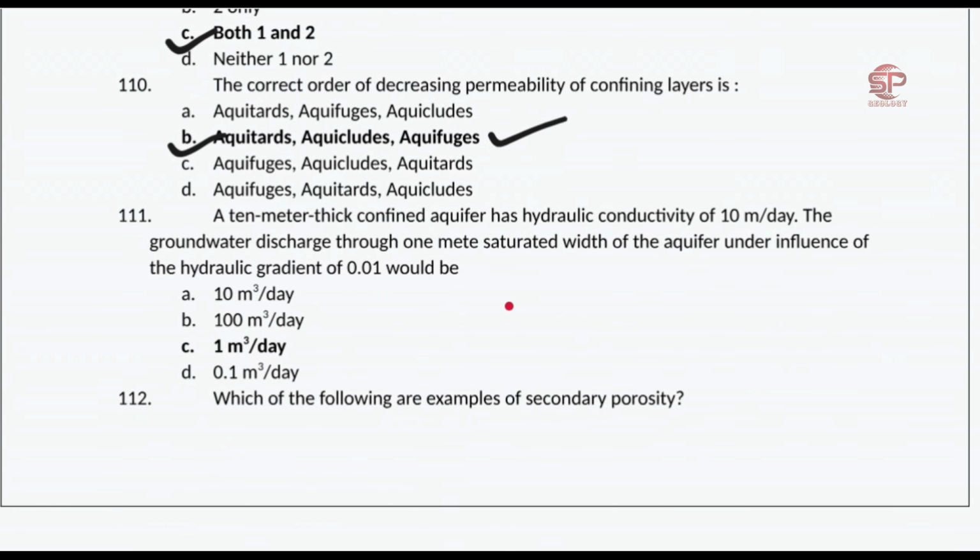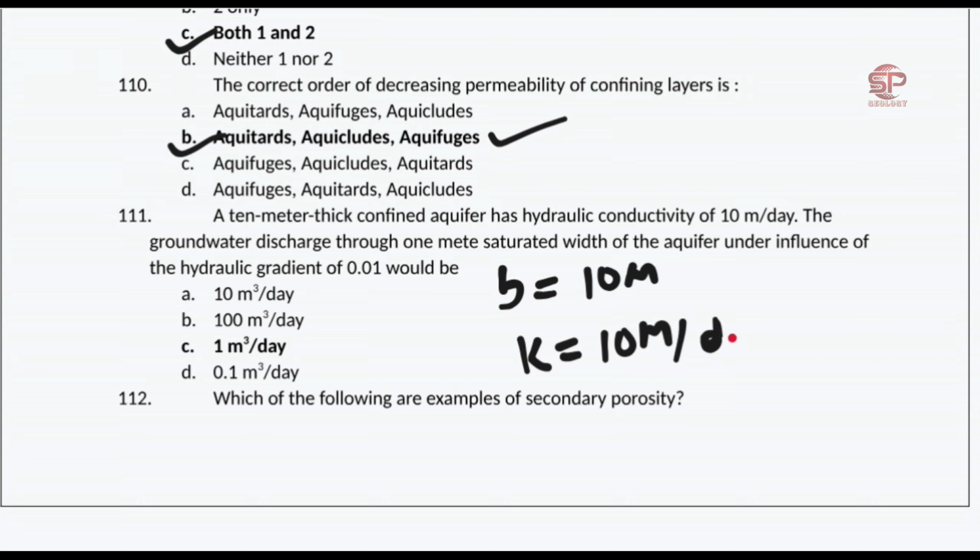Then a 10 meter thick aquifer has hydraulic conductivity 10 meter per day. Thickness is given as 10 meters. Hydraulic conductivity is given as 10 meter per day. Hydraulic gradient is given as 0.01.